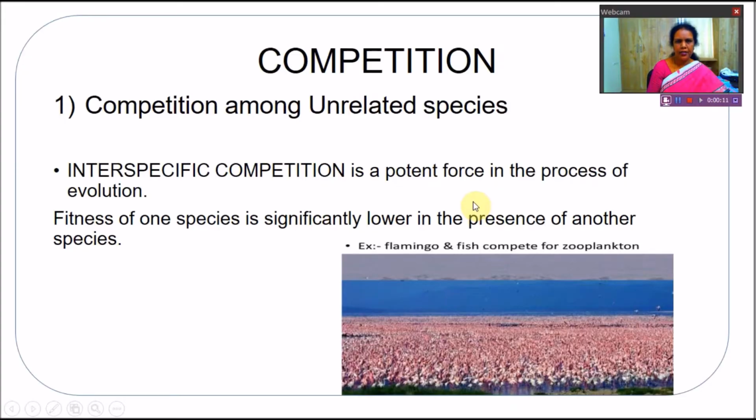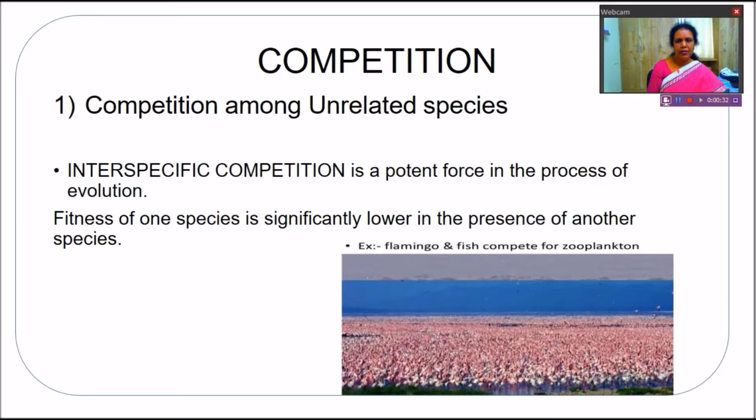One type of interaction where the two competing organisms, or the organisms which are interacting, are not benefited. That means for both of them the interaction is detrimental or harmful. Then it is called competition.